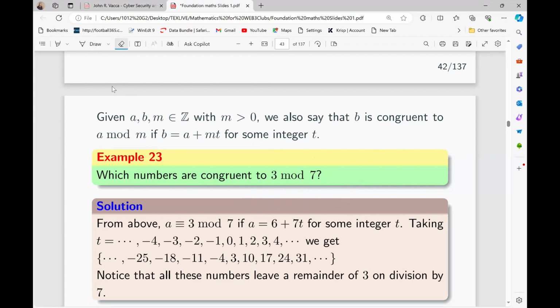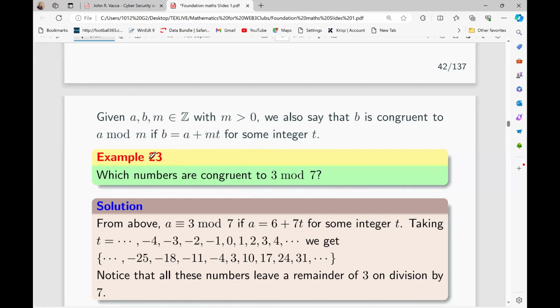So for me to get all the numbers without guessing, trying this and trying that, I begin to look at another way. If somebody tells me A mod M, what does this mean? It means that A is the remainder whenever I had a number and divided by M. What is written here is the remainder that I got.